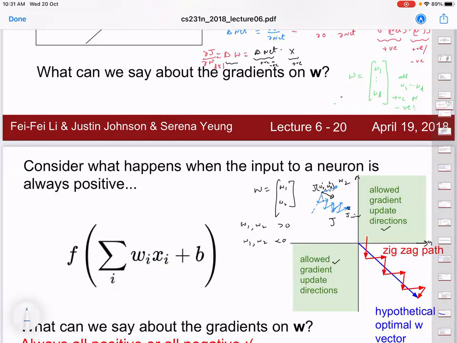To reach a minima, which is quite close in fact, we are taking a zigzag path because we don't have the freedom to update weights in all the quadrants or in all possible ways. We are restricted to both being positive and both being negative.